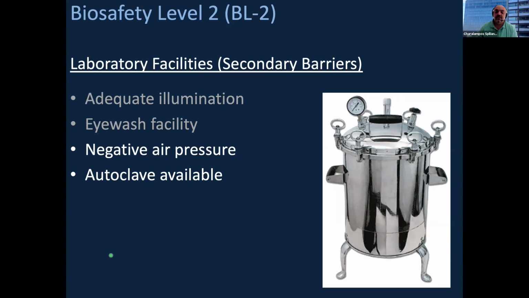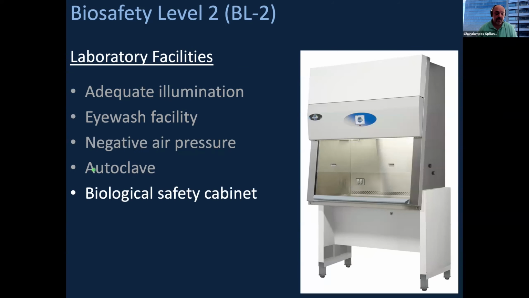And of course, for disposing biohazardous materials, we do have autoclaves available where we autoclave all the potential contaminated equipment plus any material before it is released to the environment. So everything is autoclaved in order to exterminate all microorganisms.